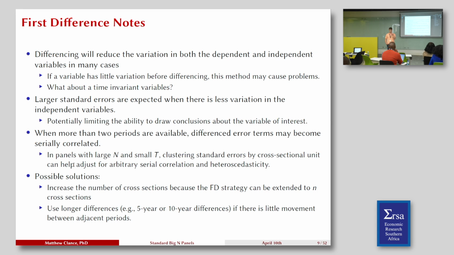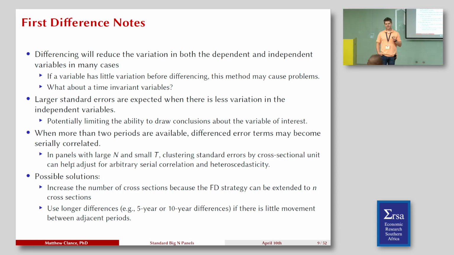Because you've basically cut something down that was only moving by 0.01 over those years, and then all of a sudden you difference it. It's not going to be very good in terms of the overall effect or the overall measurements. So you just have to keep in mind that those types of methods can basically cause havoc within your models.